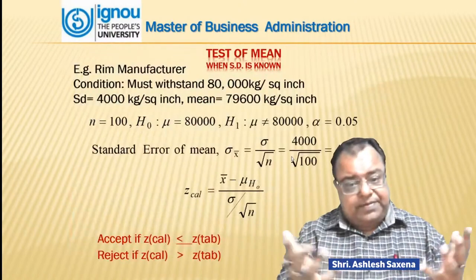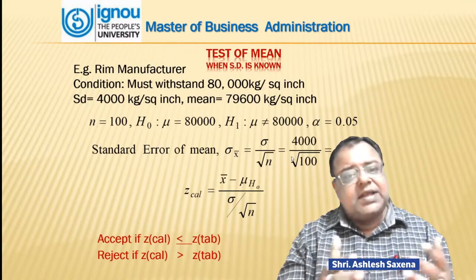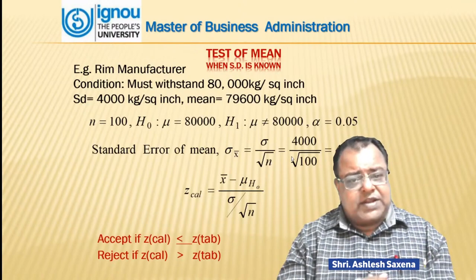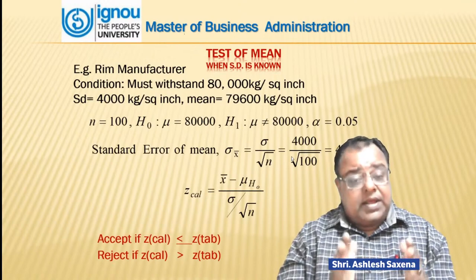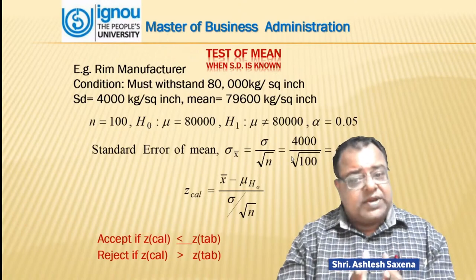Now we take up an example, to understand how all these things we have discussed are applied practically. Suppose for a manufacturer, the conditions given to us are: we are going to test the mean when SD is known, that means standard deviation is given in the problem.